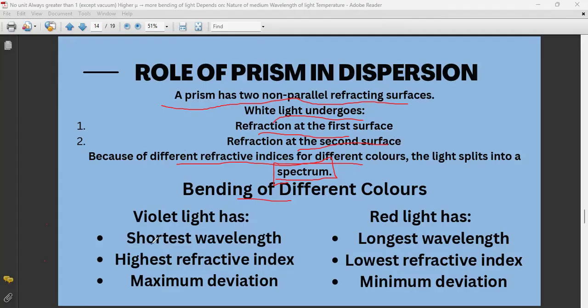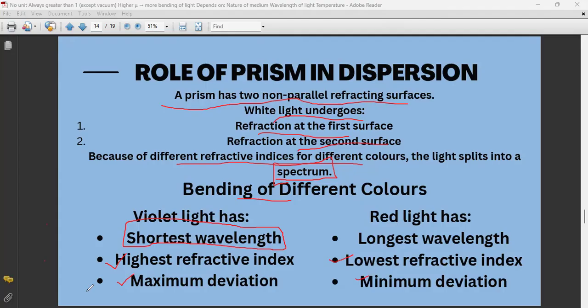Okay, now bending of the different colors. Violet light has the shortest wavelength. If some light has the shortest wavelength, what impact does it make? It will have the highest refractive index, because there will be the maximum deviation. The larger it deviates, the higher the refractive index it has. Similarly, red light has the longest wavelength, so it will have the lowest refractive index because it has the minimum deviation.